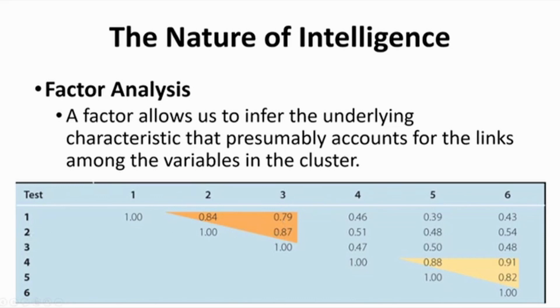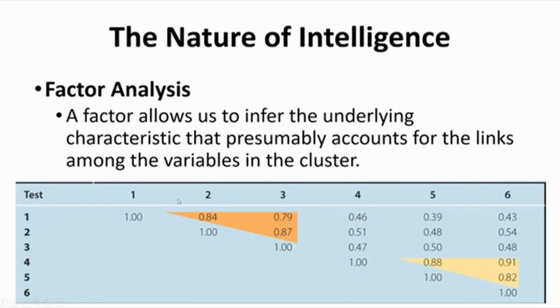So here we're seeing a relationship between tests 1, 2, and 3 where they all relate to each other. So we see this cluster of correlations here. So this might be one factor. This might be one mental ability that's captured by these 3 different tests.